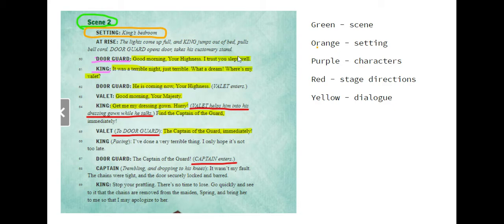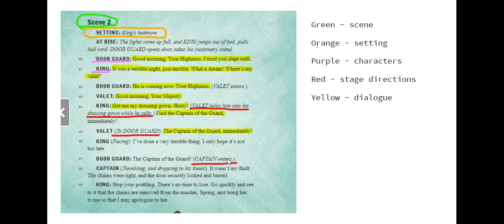Okay? Now, the stage directions are easily identifiable because stage directions will have parentheses around them and they will be written in italics. Okay, so the tricky part about stage directions is that they can be found in the middle of dialogue, at the beginning of dialogue, and at the end of dialogue.